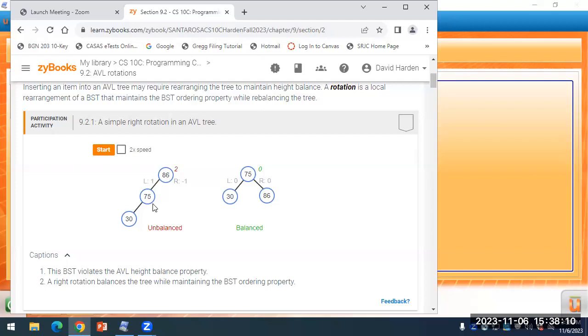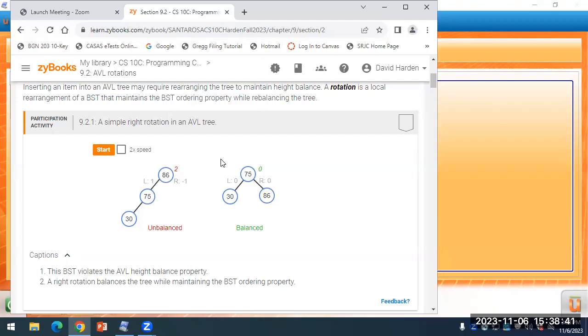Would it be 30's right child? Can't be 30's right child because it's going to be bigger than 75, right? So if you're doing a right rotation and the left child has a right child, that right child is going to become the left child of the new root's right child.